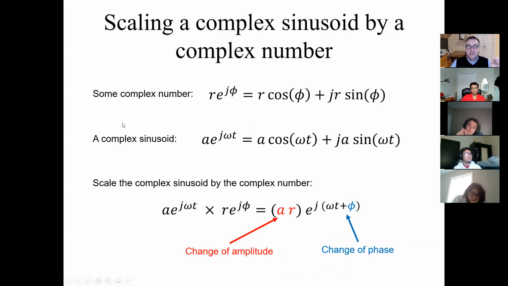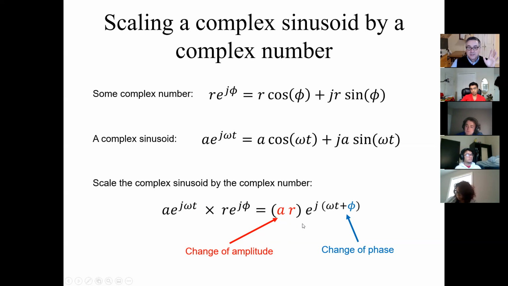I just wanted to point this out. So if I have some complex number, which I can represent either in its magnitude phase form or in a real imaginary form, and I have a complex sinusoid, which is more or less the same form, just a function of omega t now, whereas this is just a scalar phase term, and I multiply those two things together, hopefully it's not too hard to see what's going to happen.